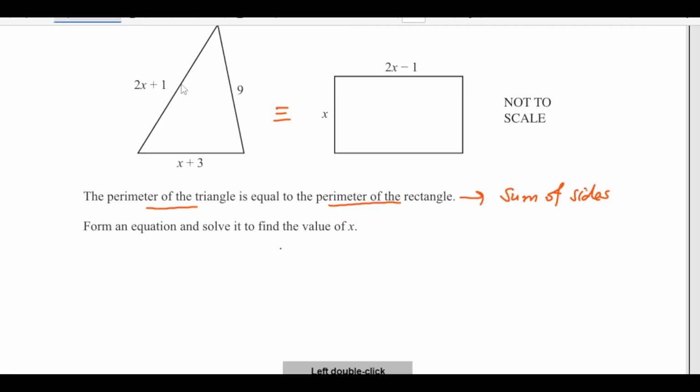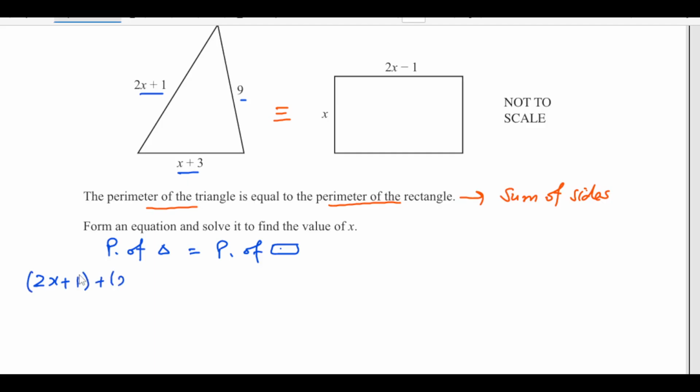So, first I will add this 2x, then x plus 3 and 9. The perimeter of the triangle is equal to the perimeter of the rectangle, right. So, the perimeter of the triangle is 2x plus 1 plus x plus 3 plus 9 equals, as it is a rectangle, the opposite sides are going to be equal.